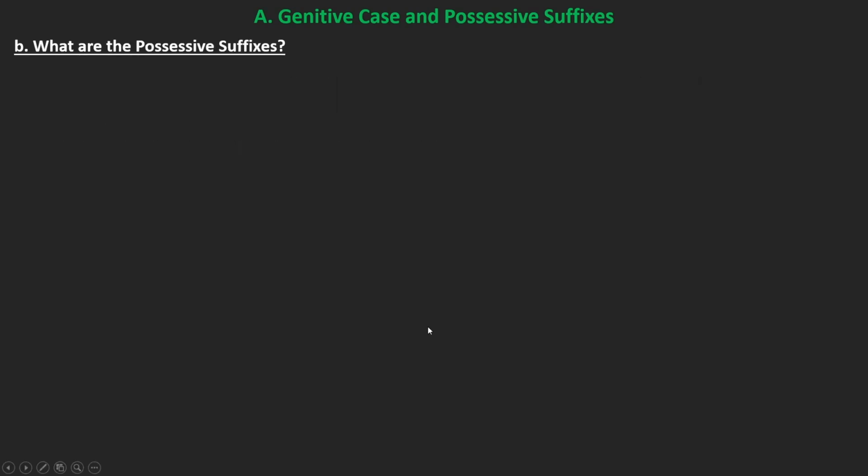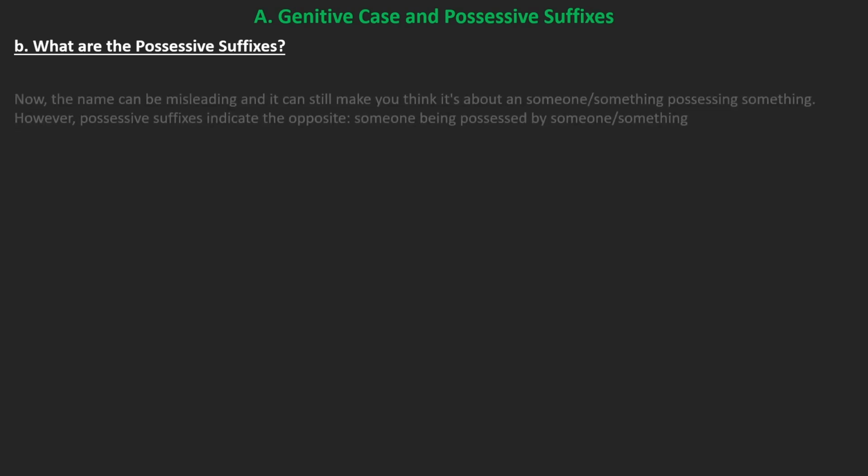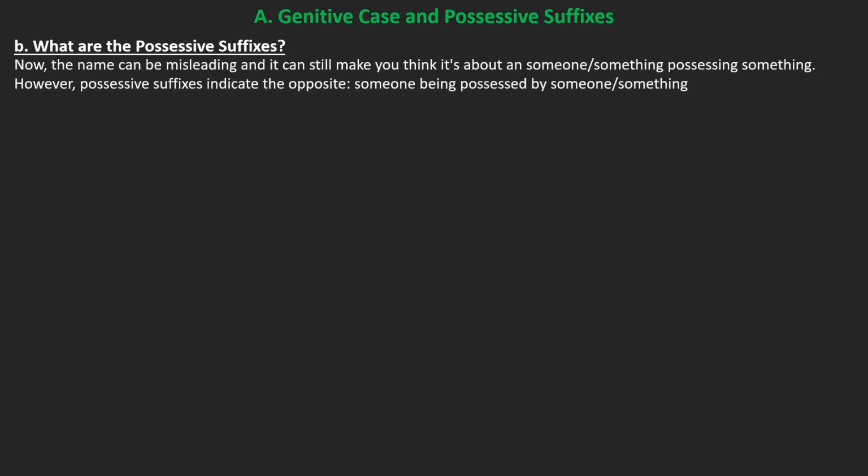And now the second part, the possessive suffixes. The suffixes that are added to the second noun. But the name can be misleading, because when I say possessive suffixes, it sounds like that thing is the owner, like it possesses something.